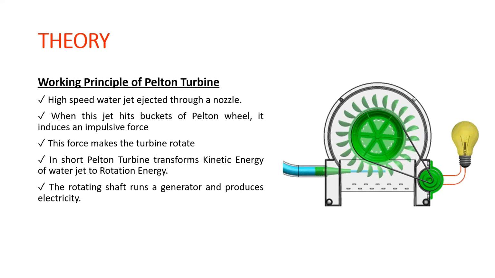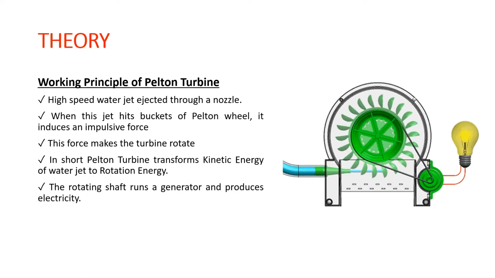In general, the inlet angle of the jet is between 1 to 3 degrees. After hitting the buckets, the deflected jet angle is, as said before, 165 degrees. The water collected in the tail race should not submerge the Pelton turbine in any case.